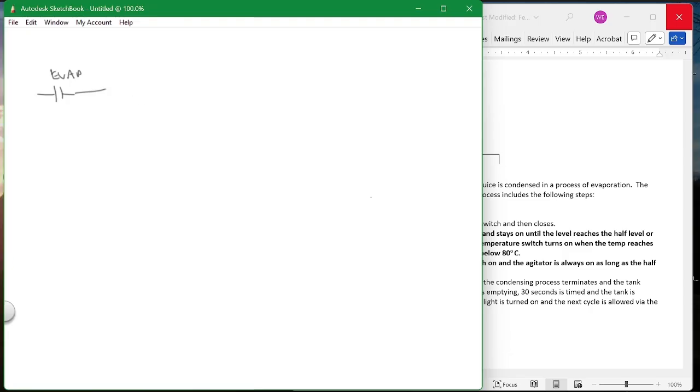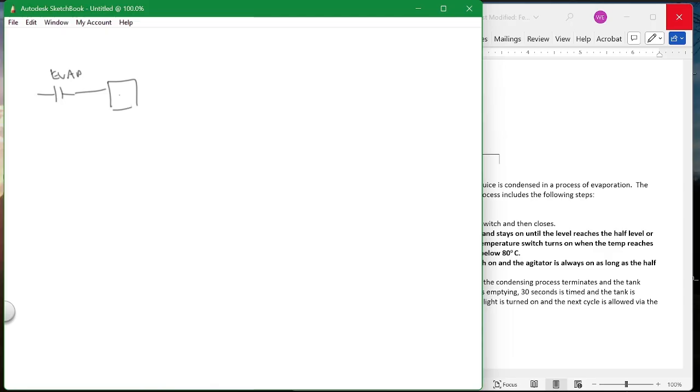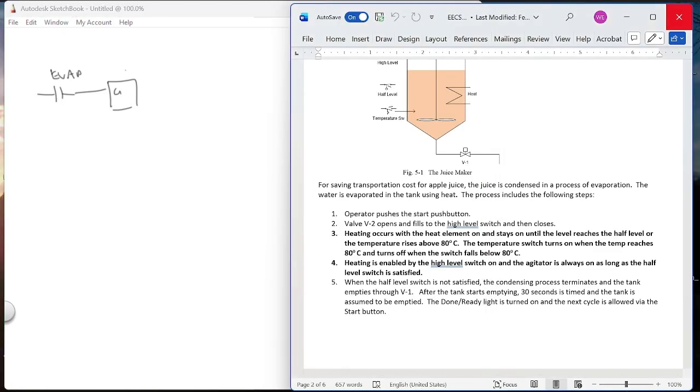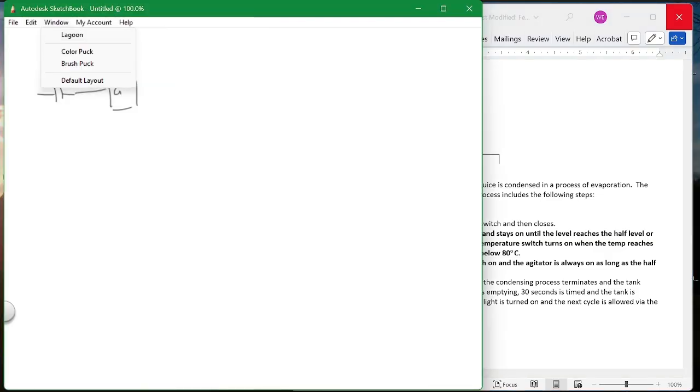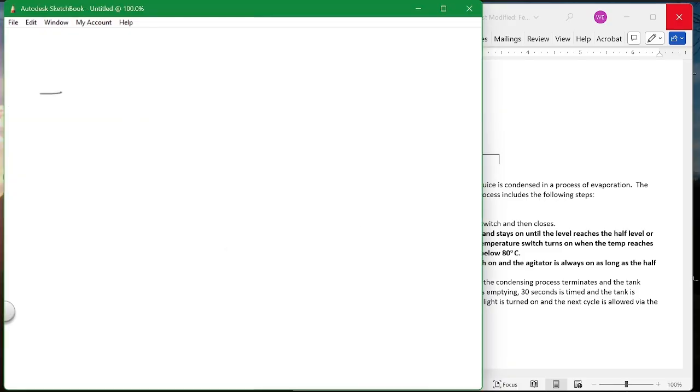And I have, turns on when the temperature reaches 80. So greater than or equal to 80. Oh, it's a temperature switch. So it is not a greater than, it is a switch. So this is a greater than switch.